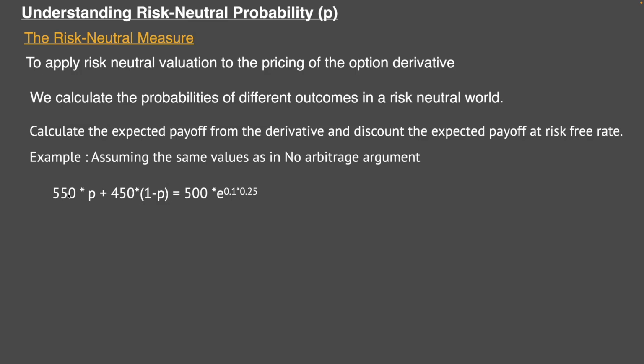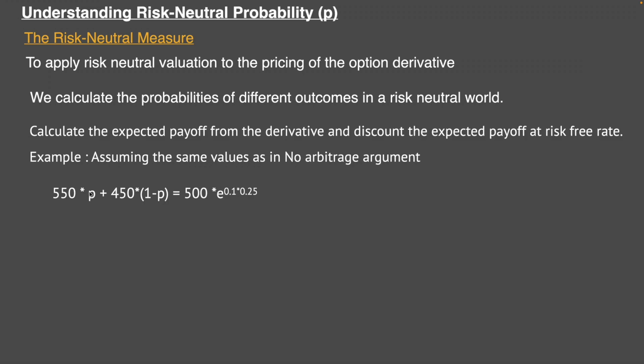So we know that S0 into U will be 550, because 500 into U, which we have considered as 1.1, will be 550.